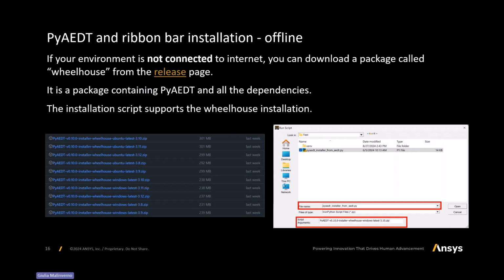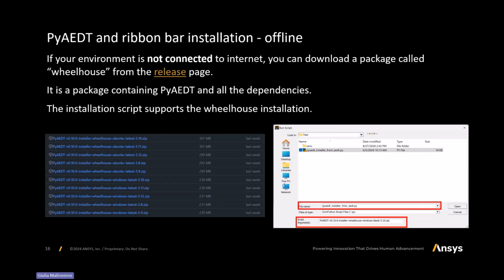Here another way to install PyAEDT, because it can happen that sometimes customers, especially the ones in the aerospace sector, have limited access to internet or no access at all. In this case, it's possible to install PyAEDT and the ribbon bar with the same installer, and providing a path to a wheelhouse file that is downloadable from PyAEDT releases page.